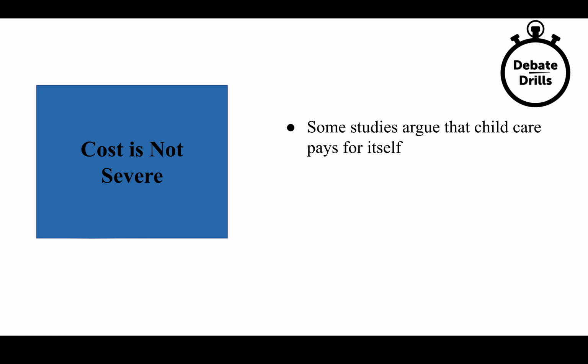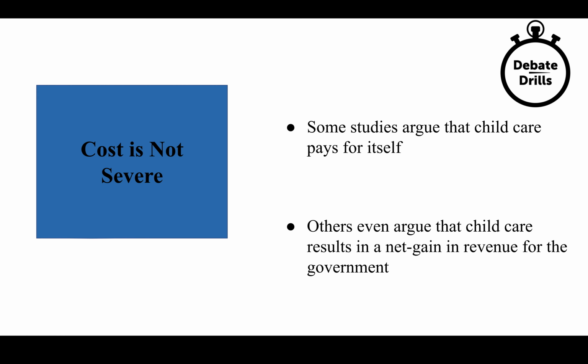But if you have universal childcare centers, where you have maybe 5 children for every caretaker, that means you have an additional 4 people who are now able to enter the workforce. And the childcare providers themselves are also part of that workforce. So that creates a boost to the economy, which then might offset the cost of childcare.